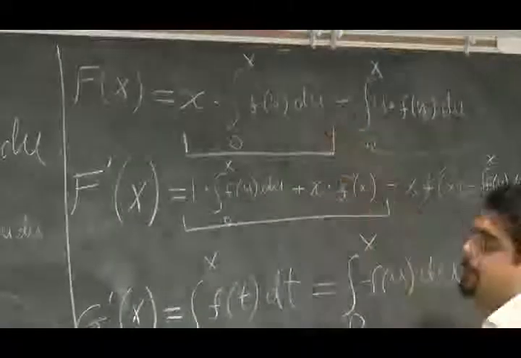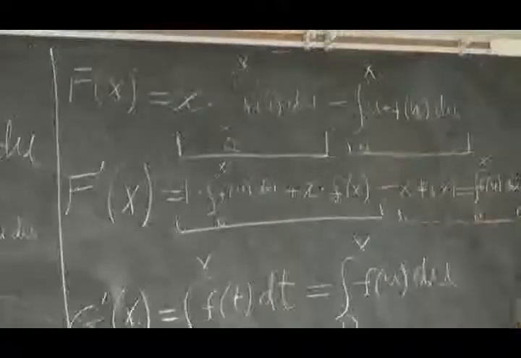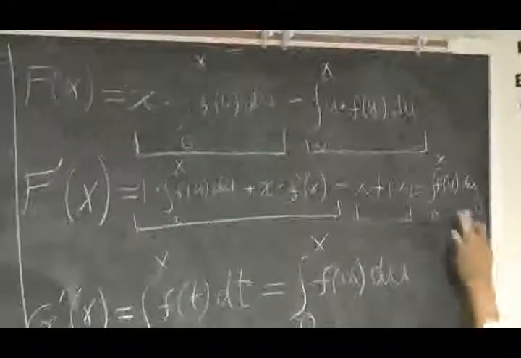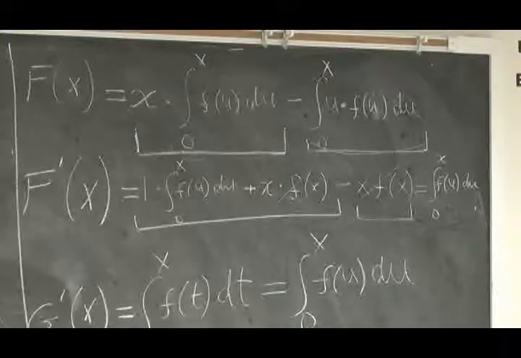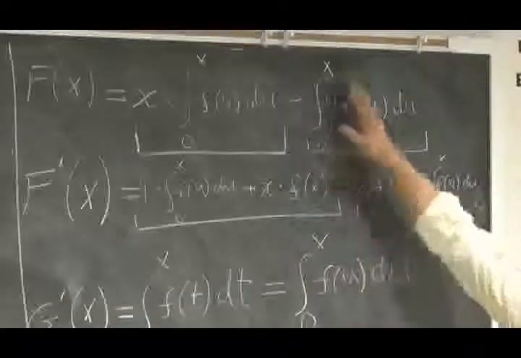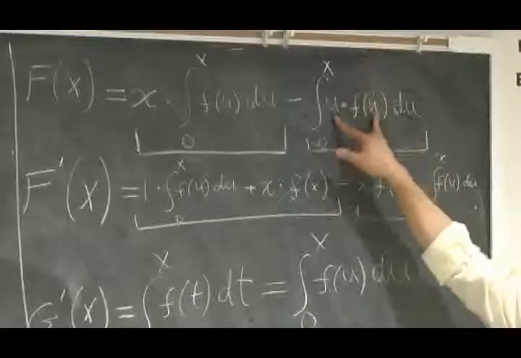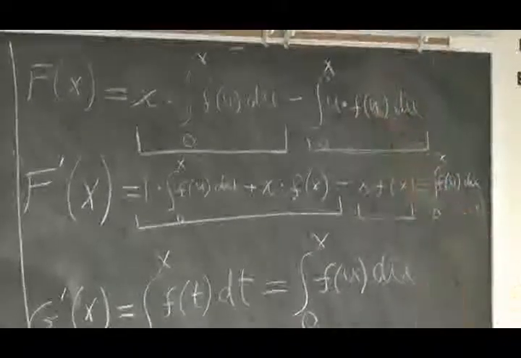Minus, this is the derivative of this. So this is not a product rule because it's just the integral of some function in u. This is a function in x. Any other questions?